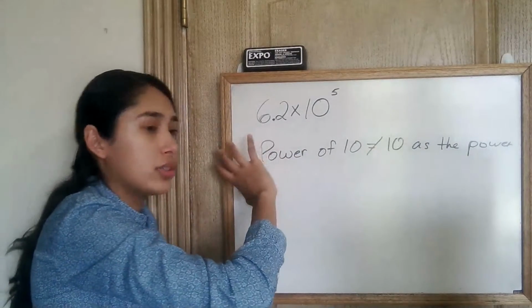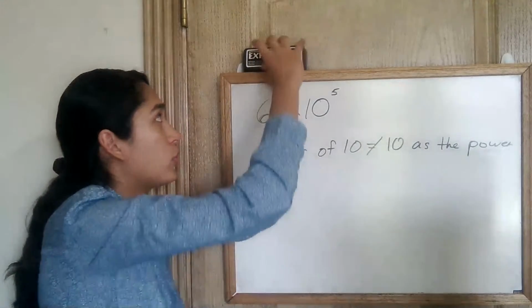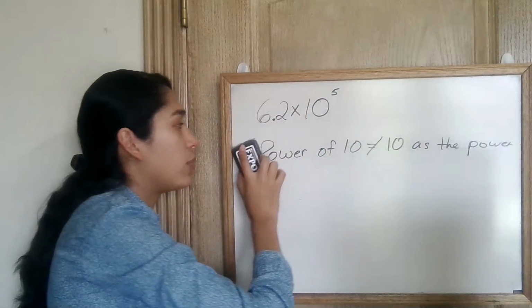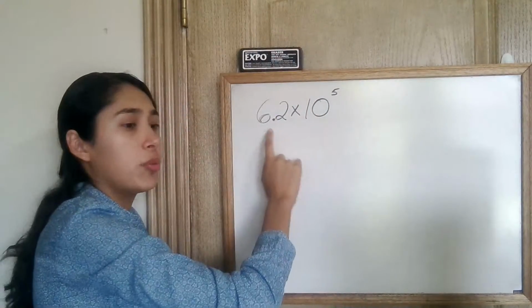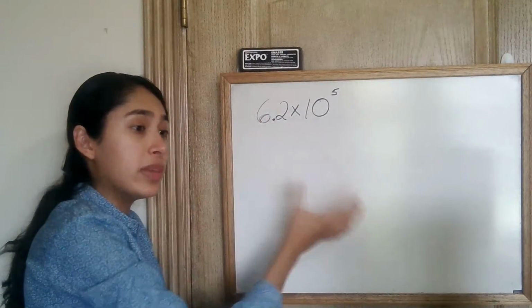So once we internalize the concept, we just let go of "power of 10," and we're just going to be seeing it now with another value. We're going to marry it together.